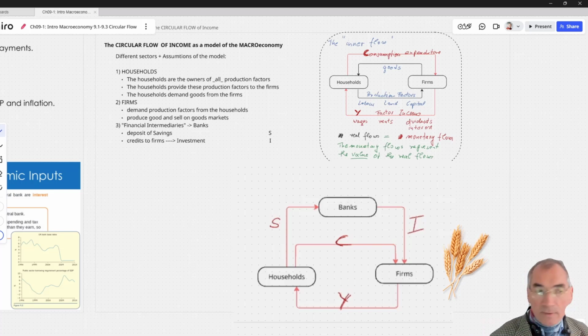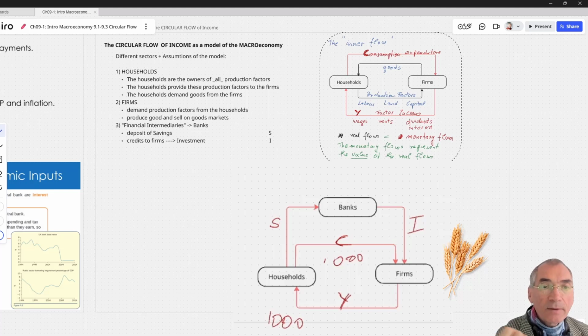If they produced, let's say, 1,000 units of wheat, and they also ate these 1,000 units, then there might be a monetary income to the firms, but nothing that the farms could use to produce more wheat next year.